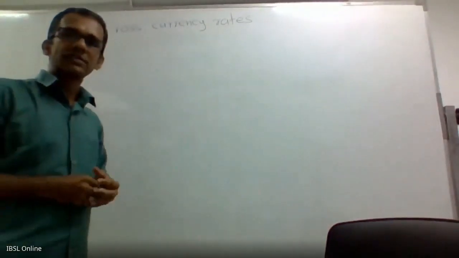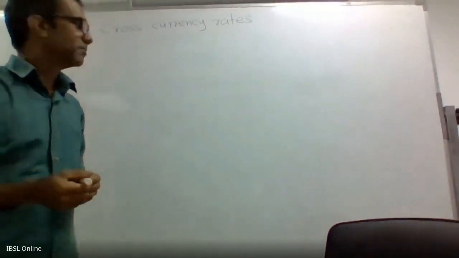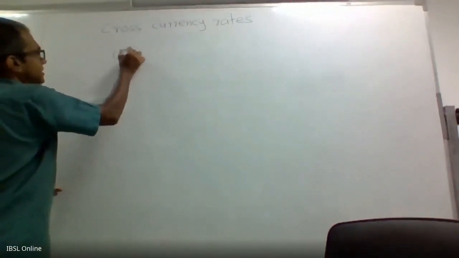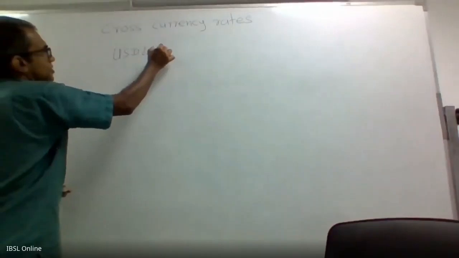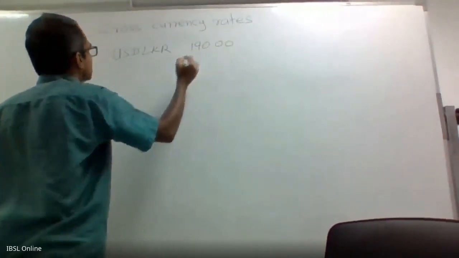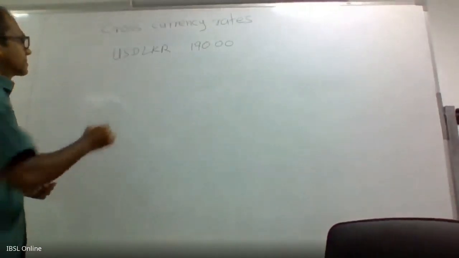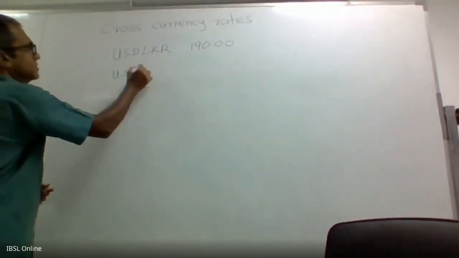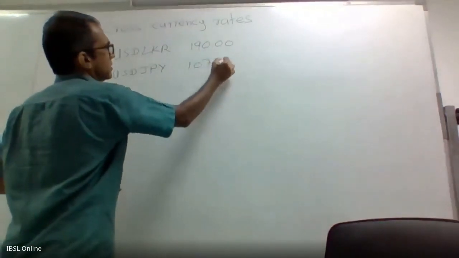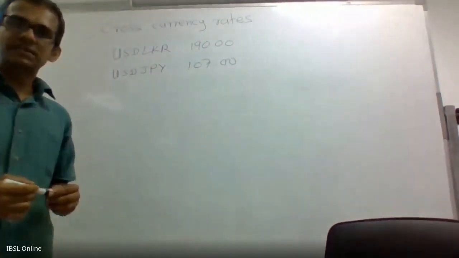That's cross-currency rates. What is meant by cross-currency? Consider these two exchange rates. USD LKR, say the exchange rate is 190. Consider USD JPY, assume the exchange rate is 107.